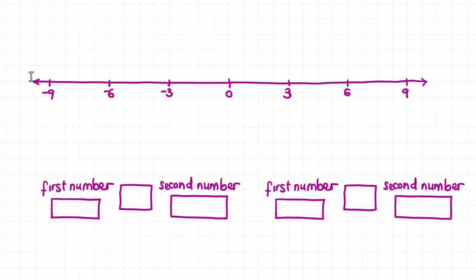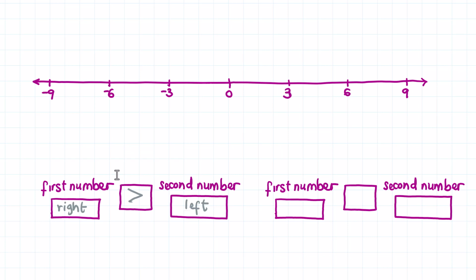For example, say you're given a number line and we want to set up a rule that relates a first number to a second number relative to each other on the number line. To accomplish this, when the first number is to the right and the second number is to the left, then we recognize that the first number is said to be greater than the second number.